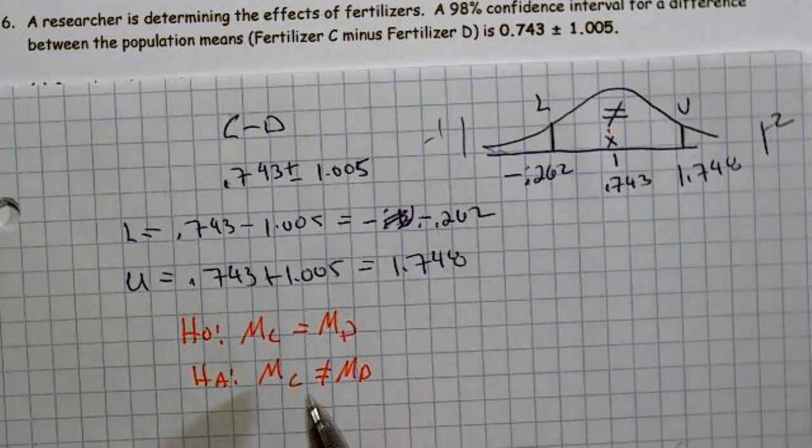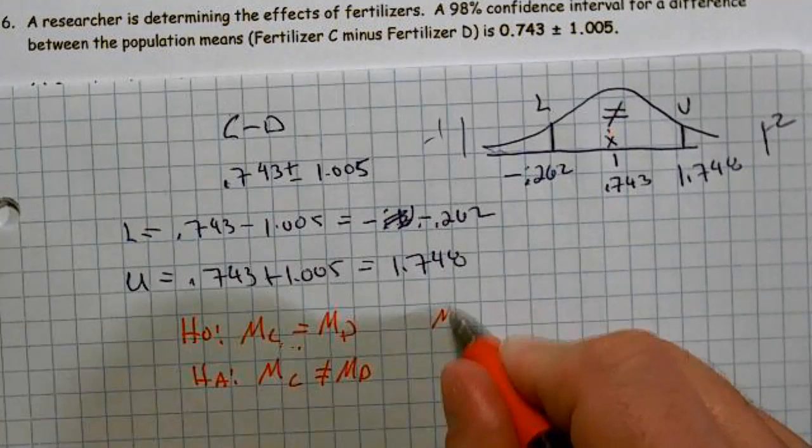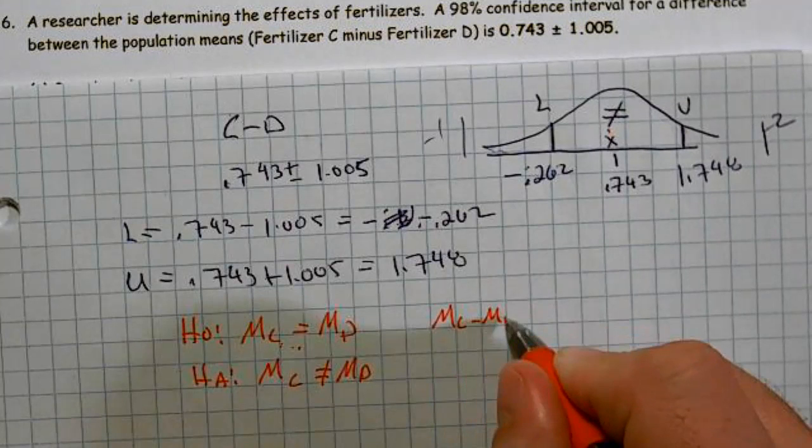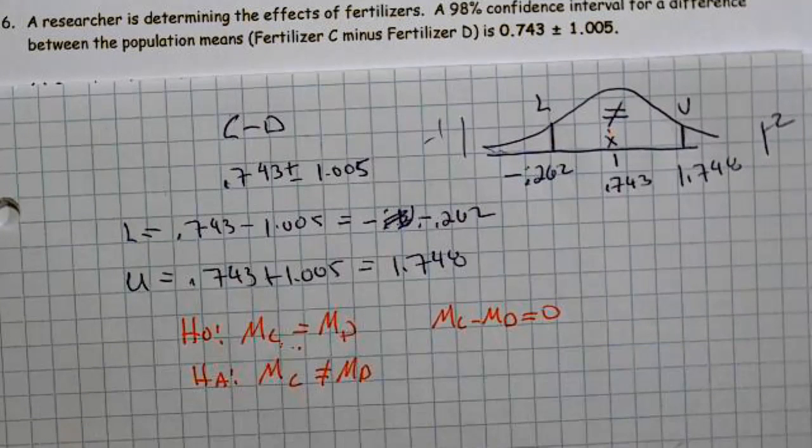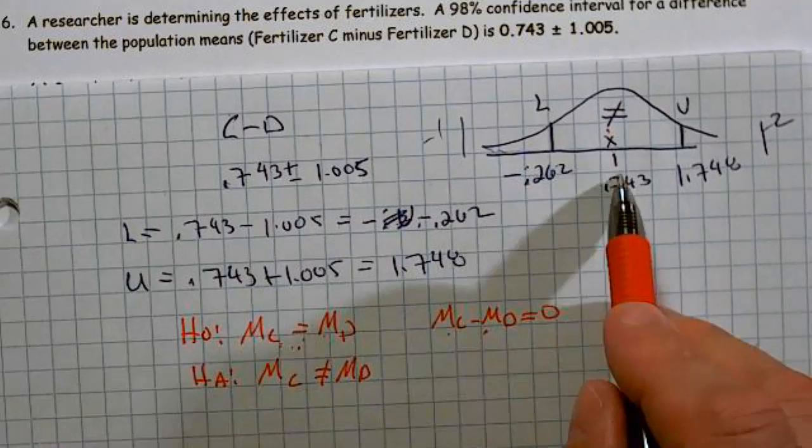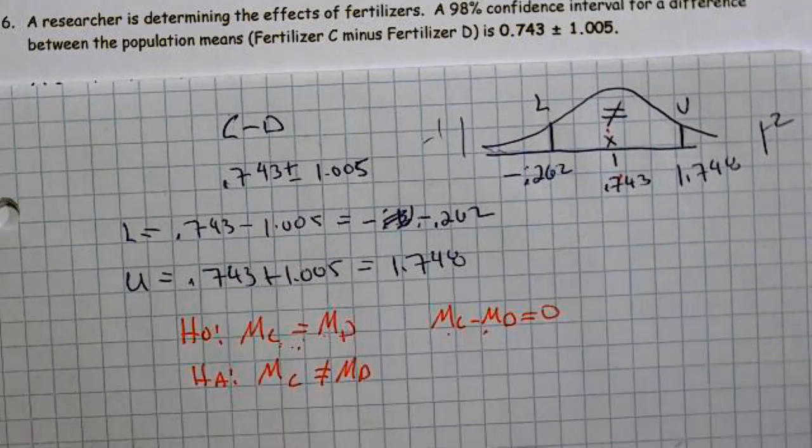Now, another way of writing this is to say mu C minus mu D equals 0. In other words, there is no difference, because if they're equal, there's no difference. So in this case, 0 lies in the interval, right?